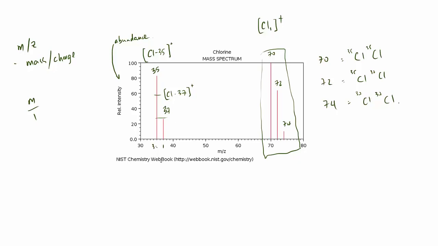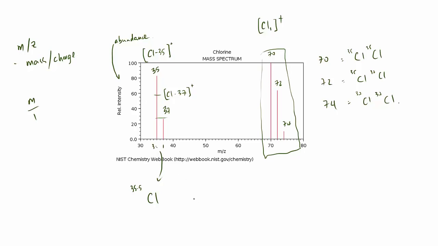The ratio is 3 to 1, and this is the reason that on a periodic table chlorine is 35.5. If it were the other way around, it would be 36.5, I think. So it's taken into account because there's more of the 35 than there is of the 37, and it's in this particular abundance, which gives us that 35.5.